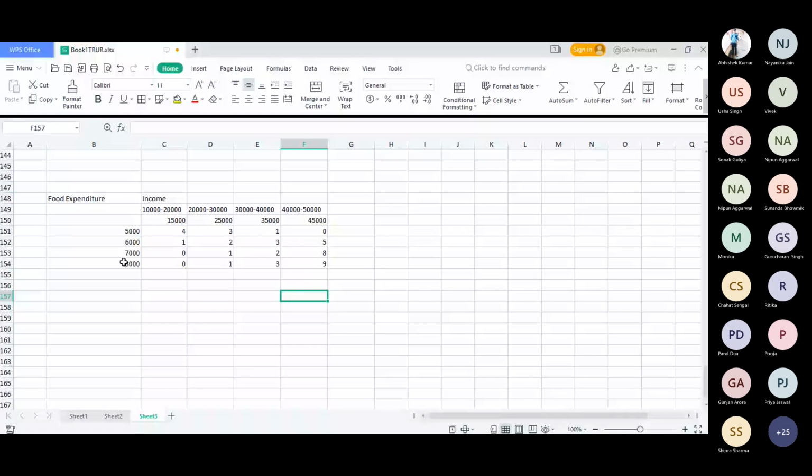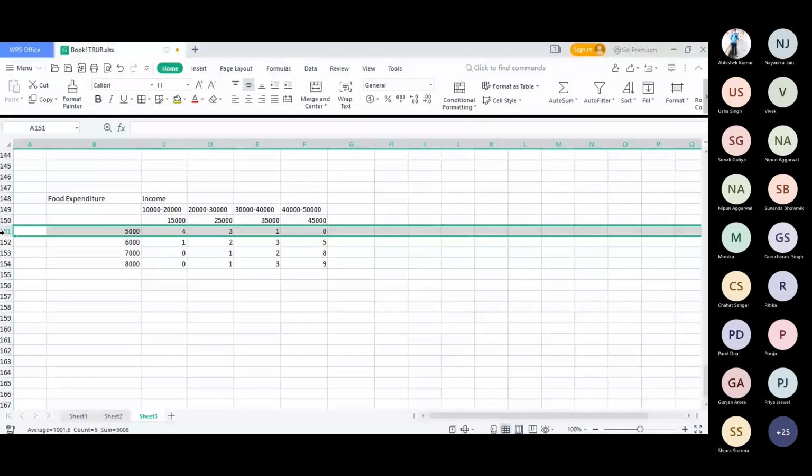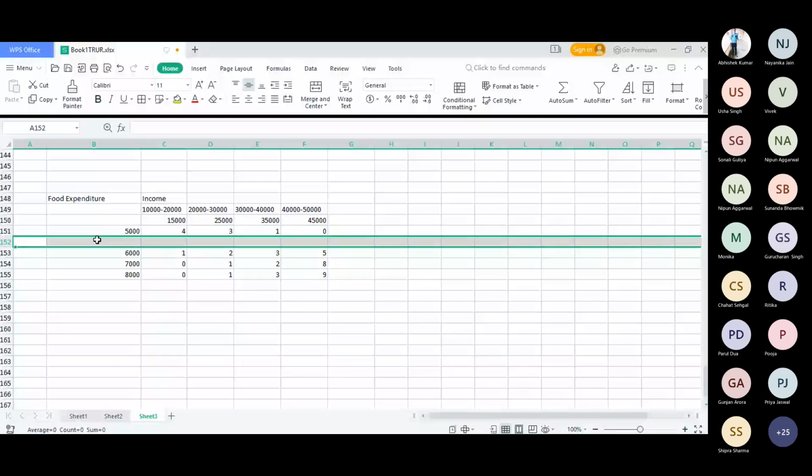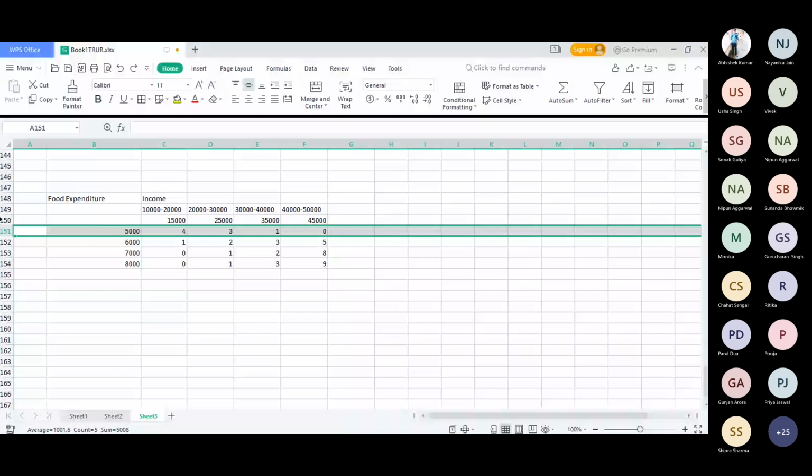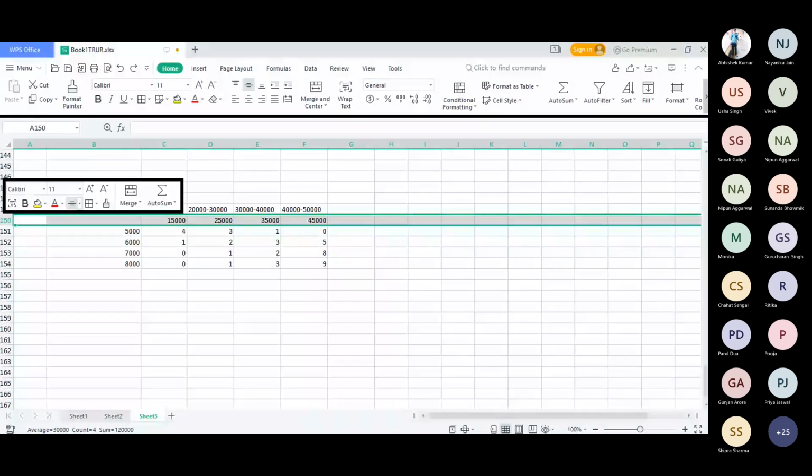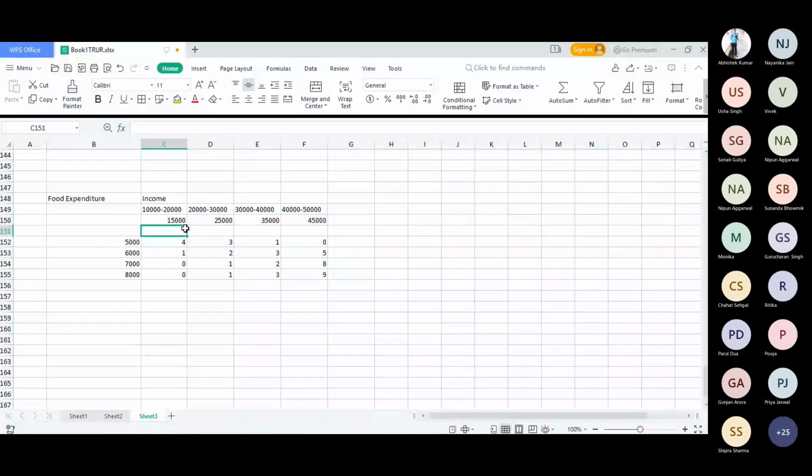Now again we can use the assumed mean method to reduce our calculations. Assumed mean method means you have to take care of your dx. If this is your mx, then you take dx. So 15 plus 45 is 60, by 2 is 30,000. The value nearest to 30,000 you can take as your assumed mean.